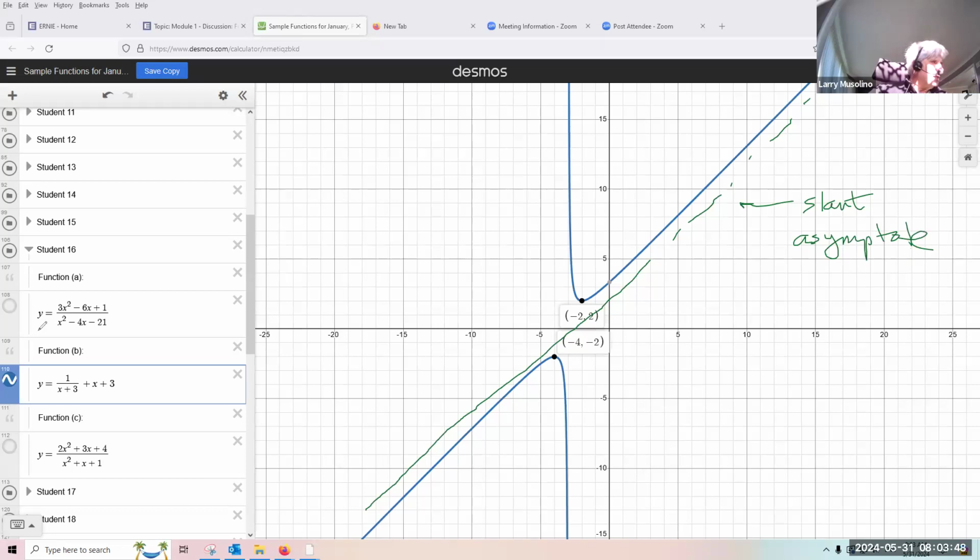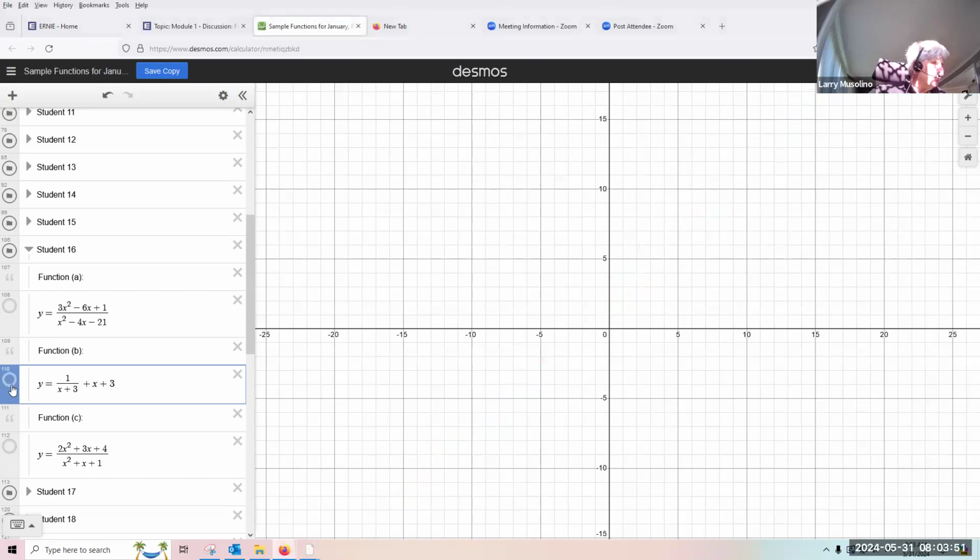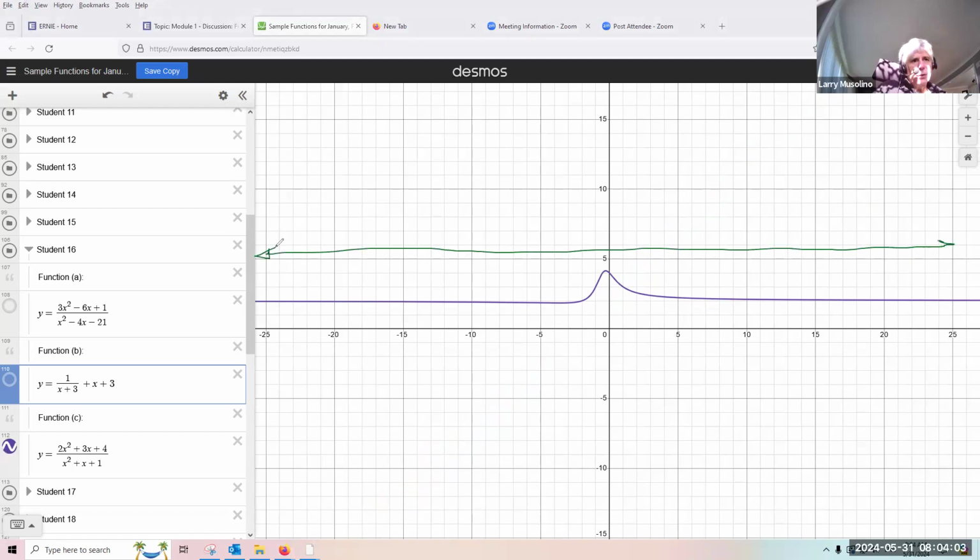All right, let's do one last example down here at the bottom. And here is a graph. It seems to cover the entire x-axis, right? So there's no gaps horizontally for this graph. It's going all the way from the left all the way to the right with no gaps. It looks like there's no vertical asymptotes for this one.